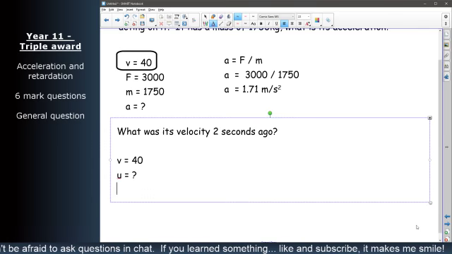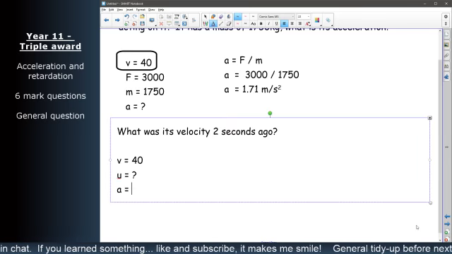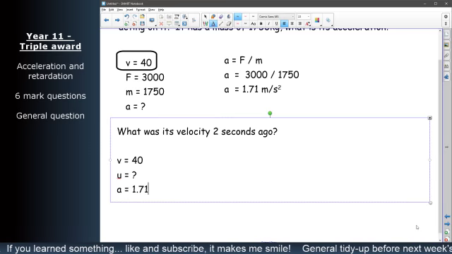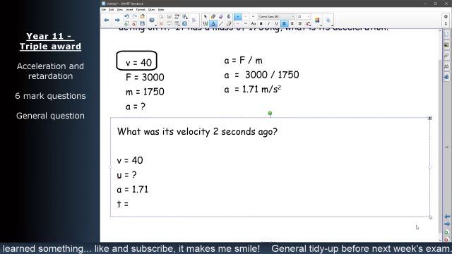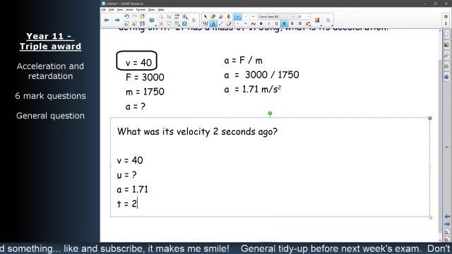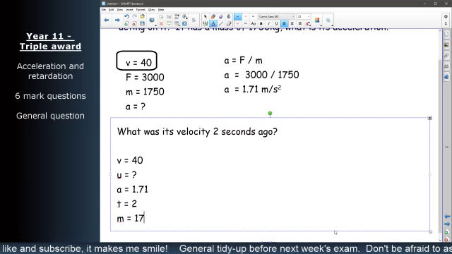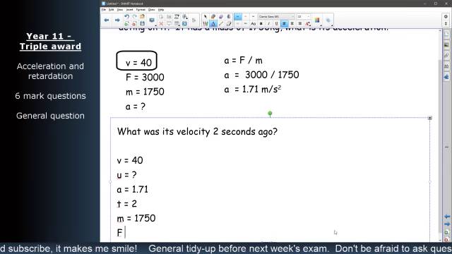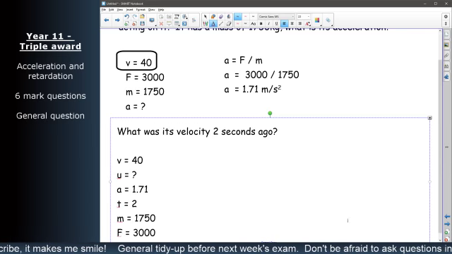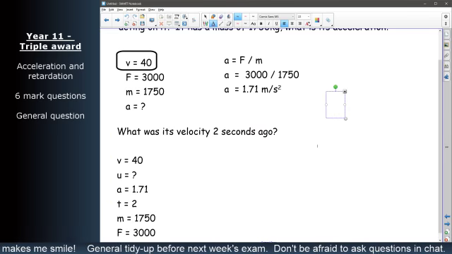So we're looking to find U. We have V, and this is a question about acceleration, which we've just worked out, so that becomes 1.71, and we were told that T equals 2. This is the equation we're after. We also still have M equals 1750 and F equals 3,000, so we have all the information at our hands for this question.